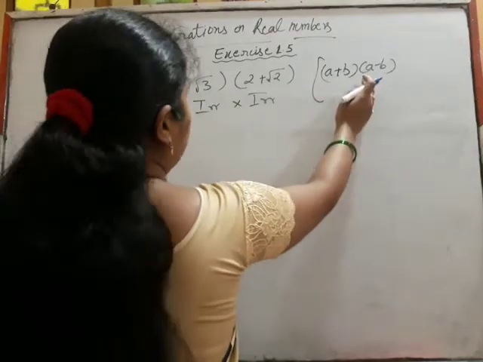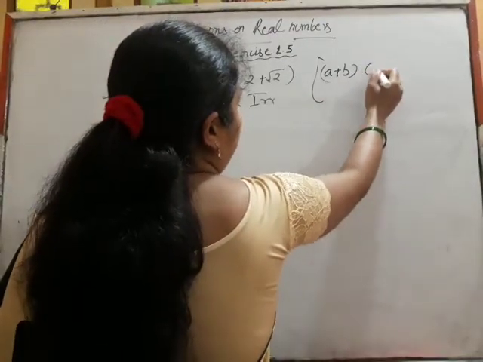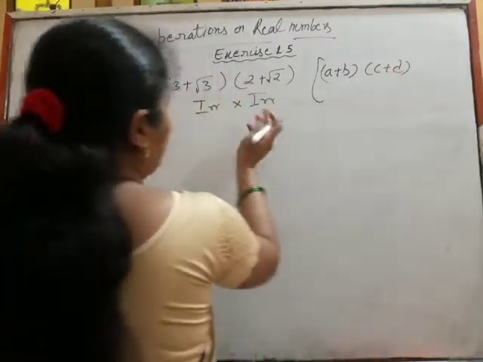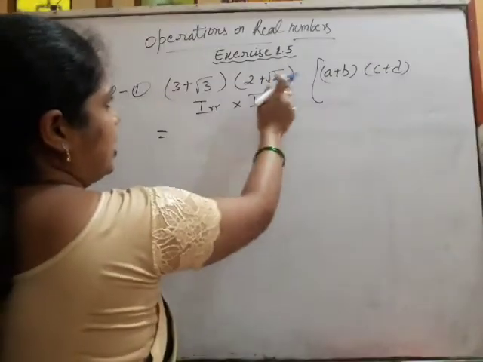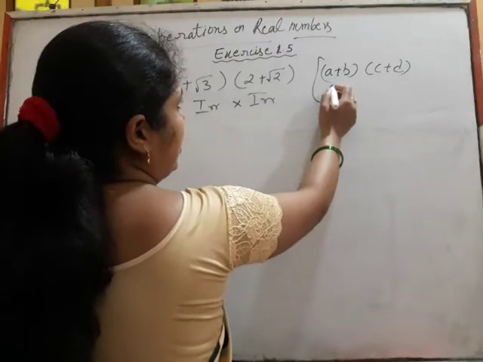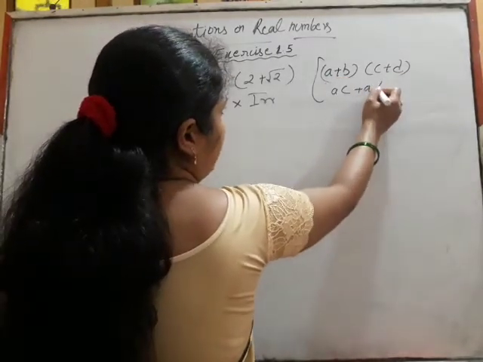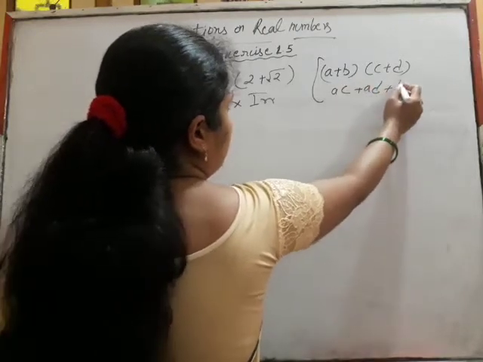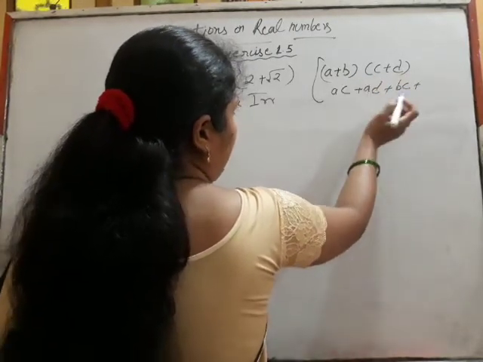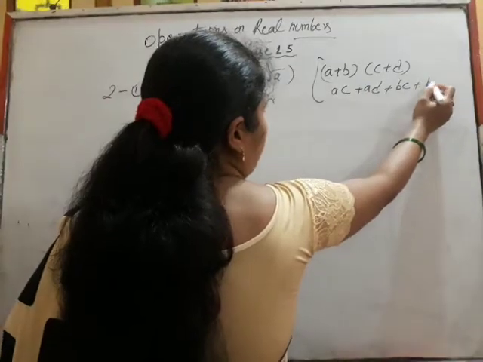Here it is a plus b into c plus d. It is totally different. a, b, c, d are all different. So how will it be? a into c, then a into d, then plus b into c, and then b into d.